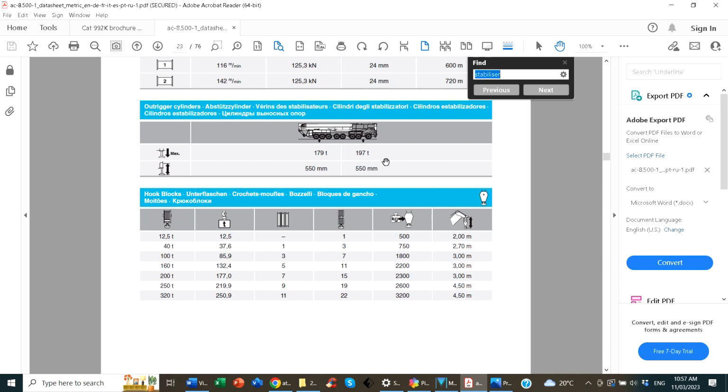It's also an issue with elevating work platforms, where the standards require you to actually say what the ground strength needs to be. This is a little bit out of the Tadano manual, and you'll see this is about outriggers, 179 and 197 ton.